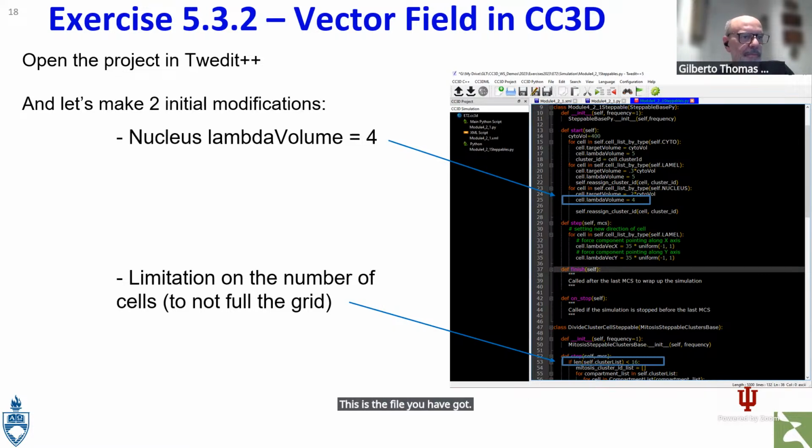Now, I have to make some small changes in Julio's simulation code. Change a little bit the cell lambda volume for the nucleus compartment, and I have limited here in line 53 the number of generated new cells, just to not have the space completely full, not fill the grid.